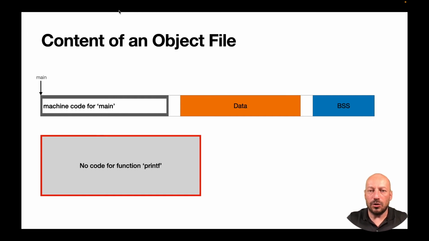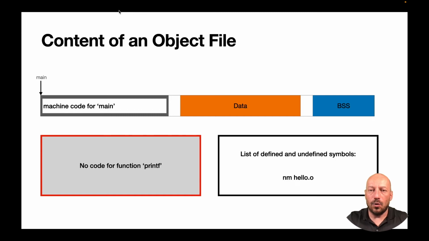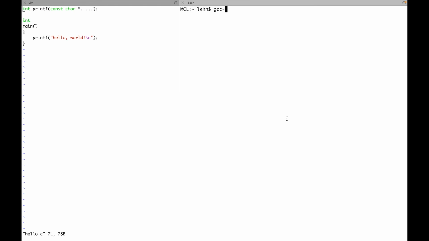But I want to show you how to see on the command line what kind of symbols are used but undefined in an object file, and what kind of symbols or functions are available, defined in this object file. So first I just generate this object file.